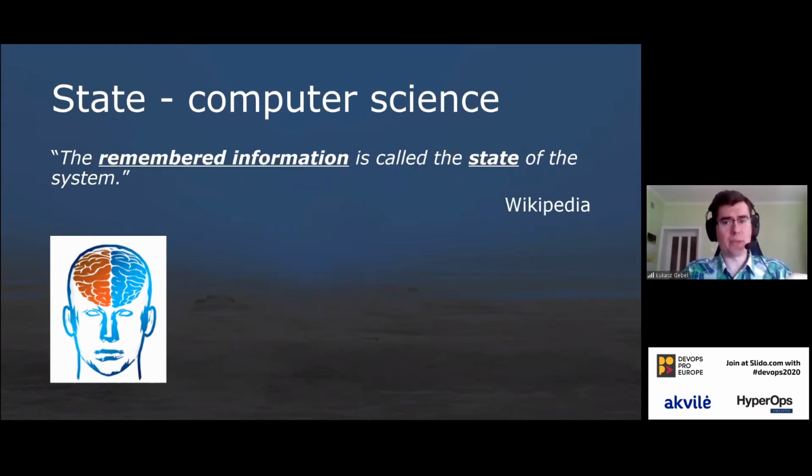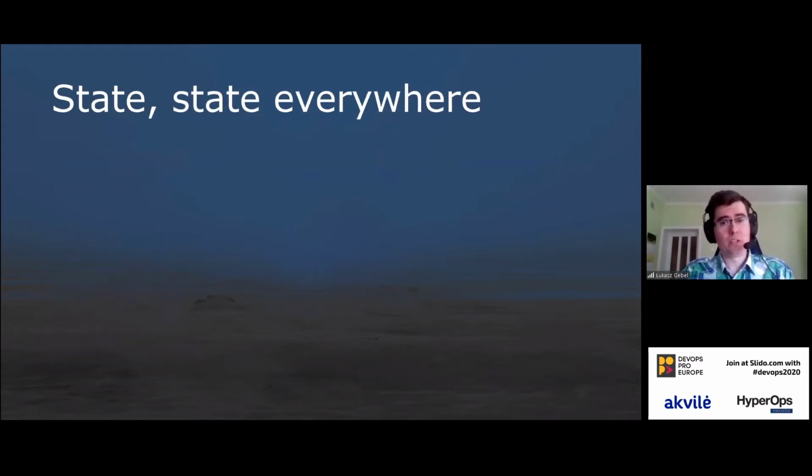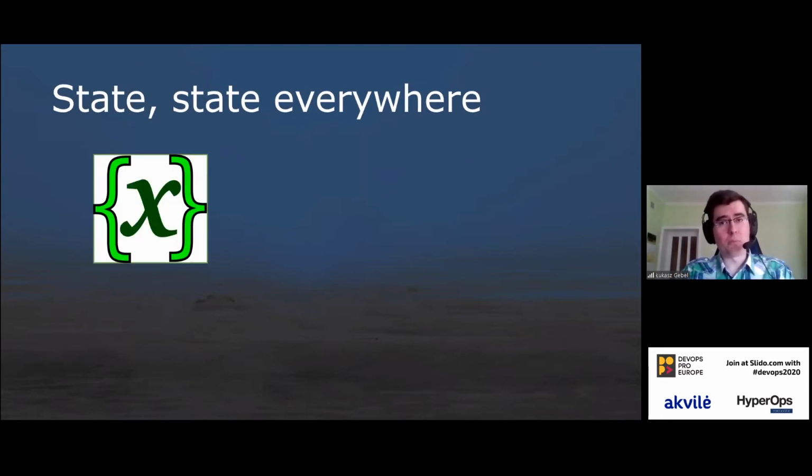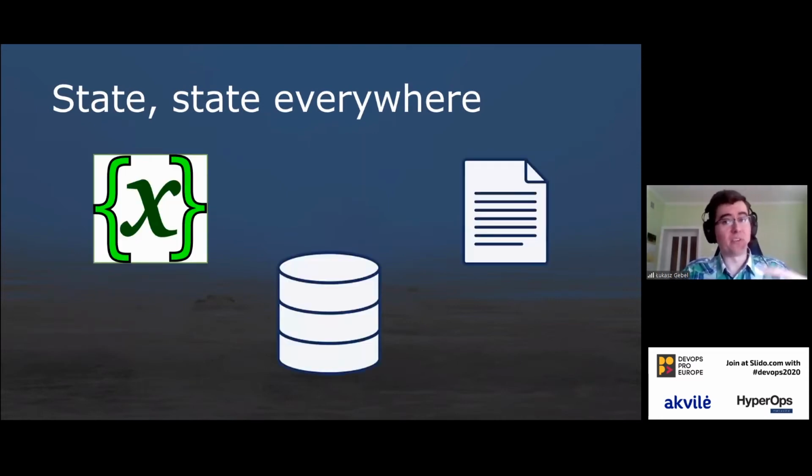And the remembered information is called the state of the system. But according to this simple definition, probably all of our programs could be understood as stateful because state is really everywhere. We keep state in variables, in databases, in files, so it's everywhere.